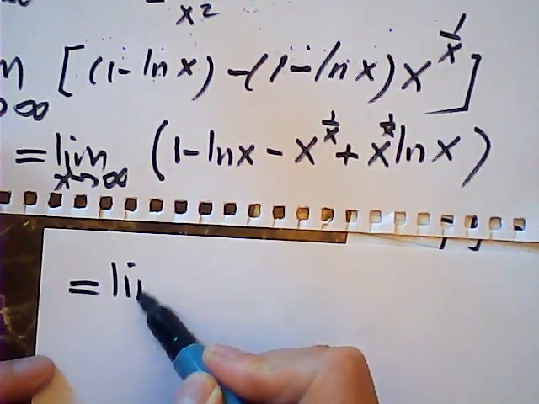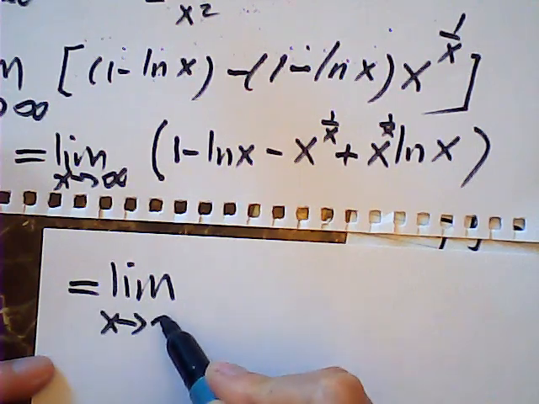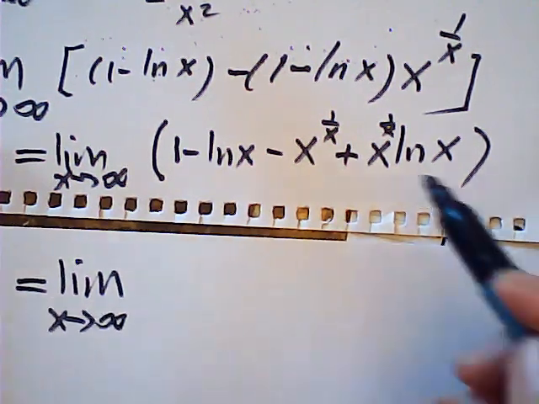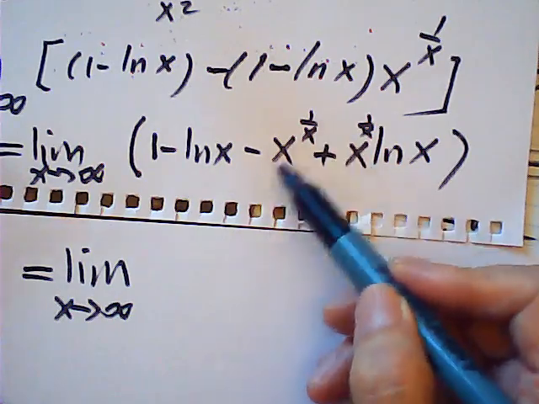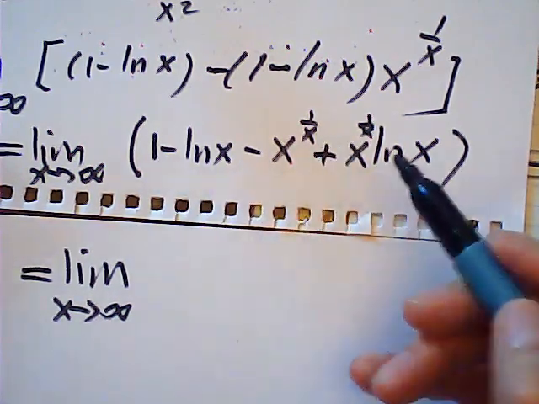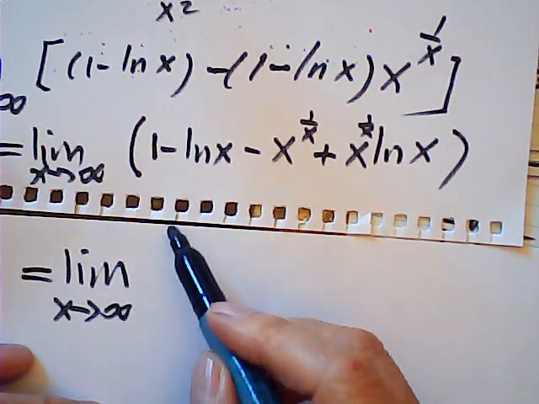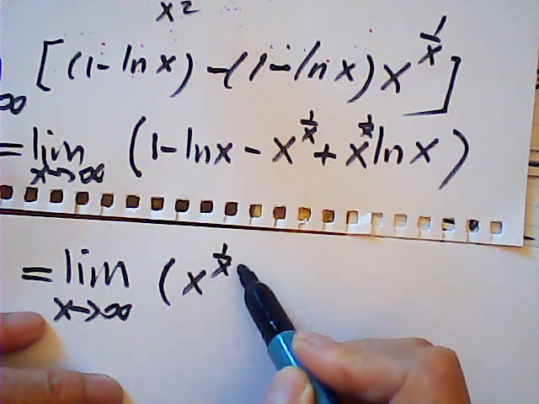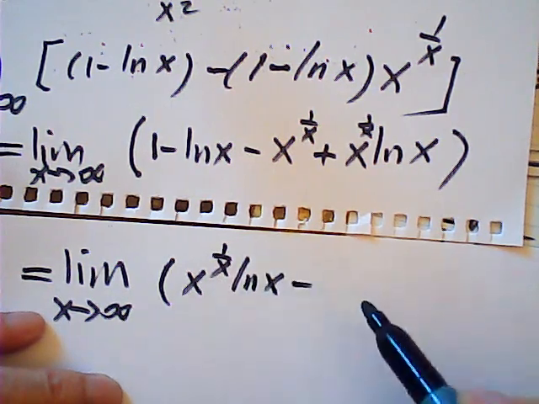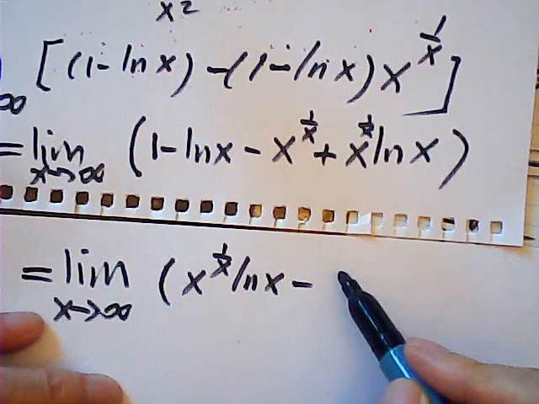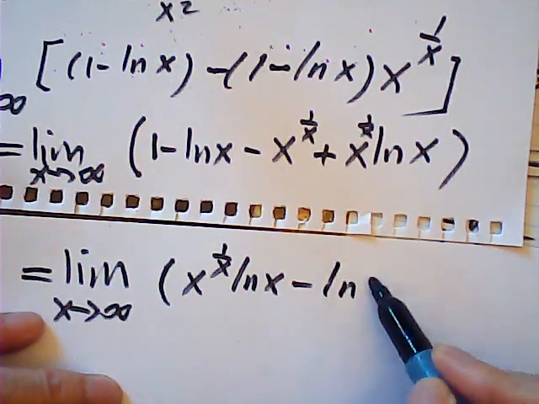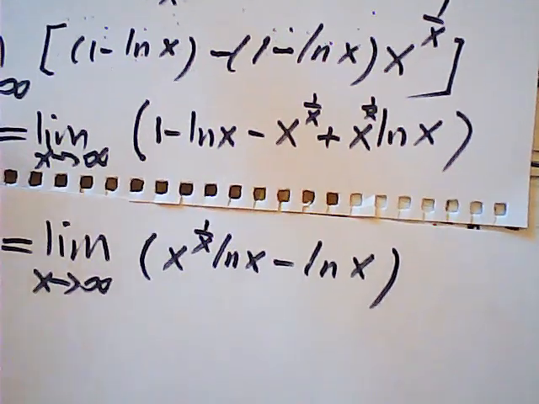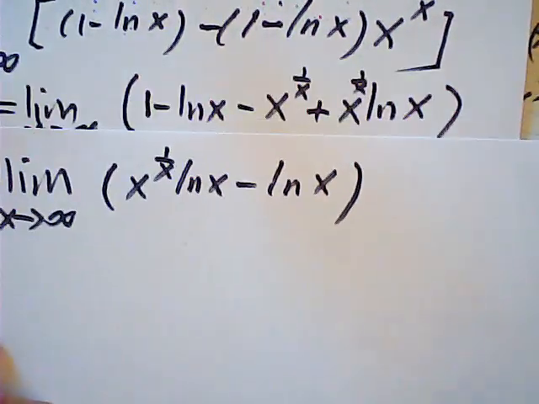Then this equals the limit as x goes to infinity, because this limit is 1, so 1 minus 1 cancels out. It becomes x to the power of 1 over x times log x minus log x, because this one cancels with that one.